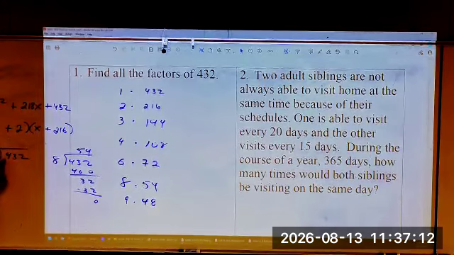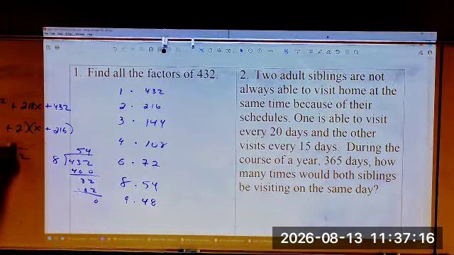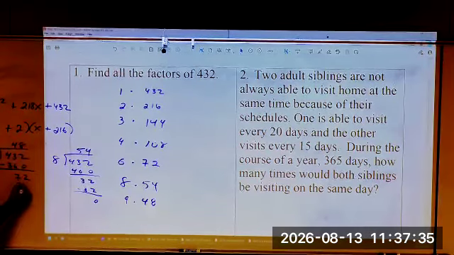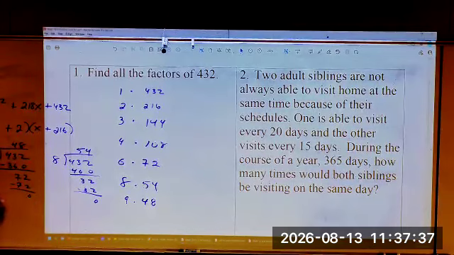So 9 doesn't go into 4, so there's nothing in the hundreds. So we're over in the tens place. 9 can go into 43 4 times, giving us 36. So that's 360. Subtract. That leaves 72. 9 goes into 72 8 times. 9 times 48. It doesn't end in a 0, so it's not 10.